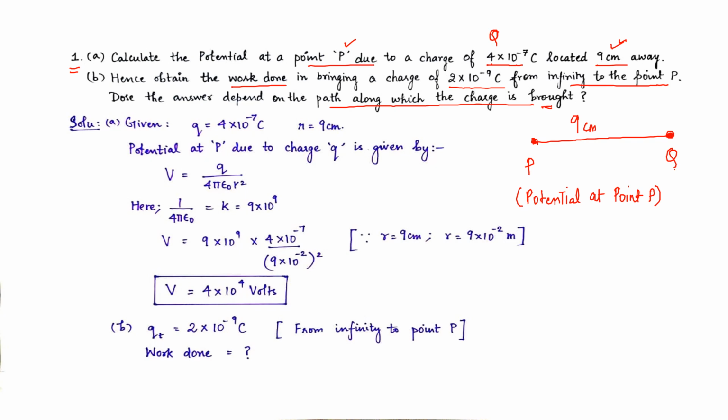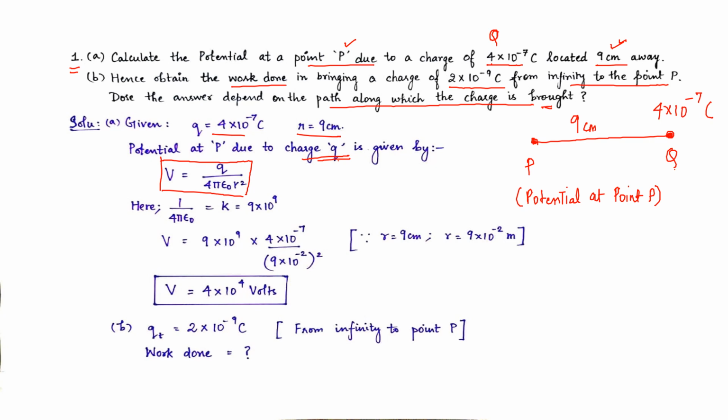And what is the magnitude of capital Q charge? It is 4 into 10 to the power minus 7 coulomb. So given is 4 into 10 to the power minus 7 coulomb charge, distance is 9 centimeter, and the potential's formula is given as V equals Q divided by 4 pi epsilon naught R, due to charge Q. We will substitute the value.